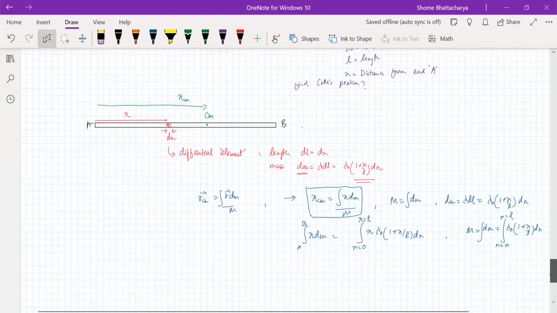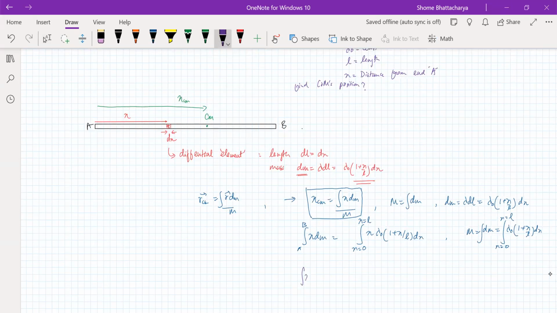Okay, so let's see what the first integration gives us. Integration x dm becomes lambda naught into x plus x square by L, so lambda naught into (x square by 2 plus x cube by 3L) from 0 to L, which gives 5 by 6 lambda naught L square.